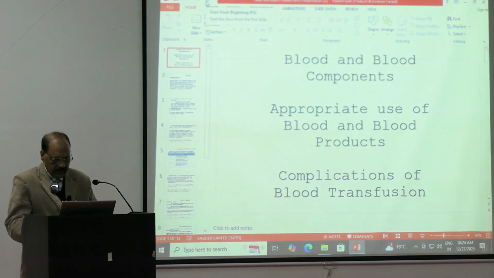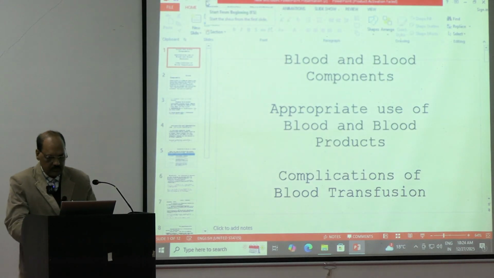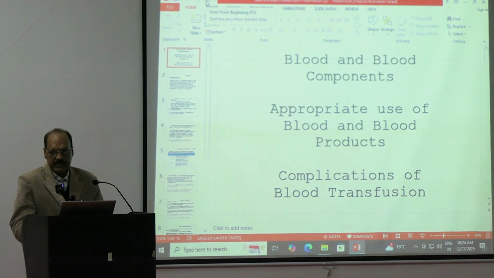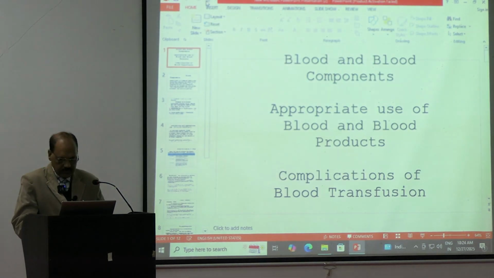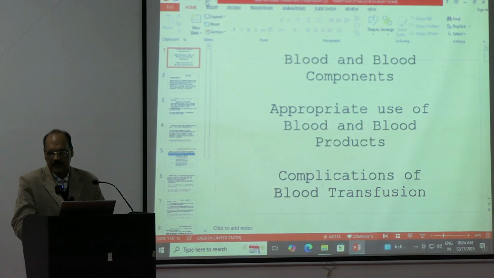So when complications occur, first you should be vigilant. When you are starting the blood transfusion, you have to monitor the patient. So this is about the complications and other things about blood transfusion. Blood transfusion is a very important procedure for us.